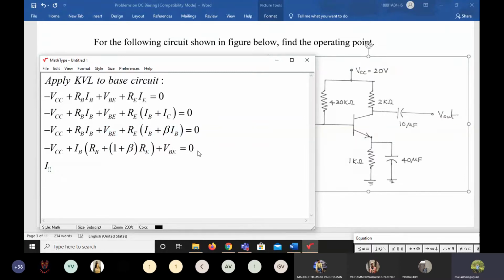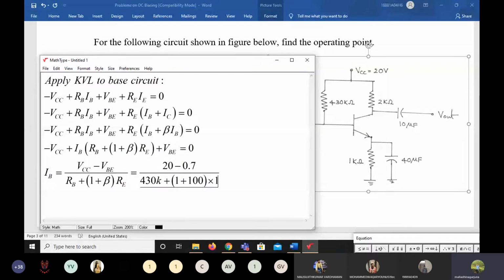So from this term, if you take IB common, it is 1 plus beta into RE. So IB equals VCC minus VBE divided by this term. VCC is 20 volts minus, here I'm taking a silicon transistor, so this is 0.7. RB is 430K plus 1 plus beta, so 1 plus 100, into RE which is 1K.